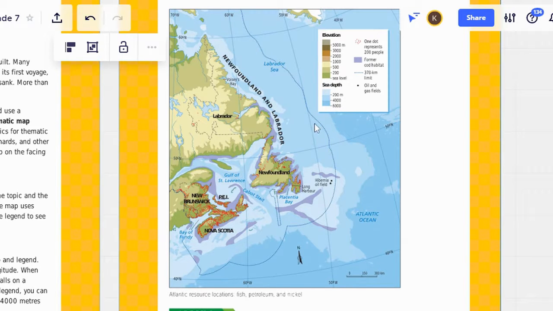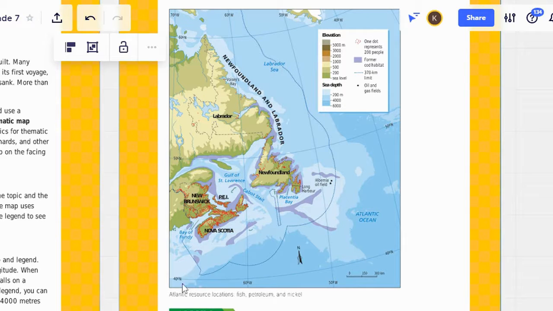Some interesting things to note. On page 32, it talks a little bit about the Titanic, which is an interesting part of Canadian history, that the Titanic crashed and sank within Canadian waters. So there's some things in there where you're going to need to look carefully at the map. It does look at latitude and longitude, which remember we learned about earlier in the year.